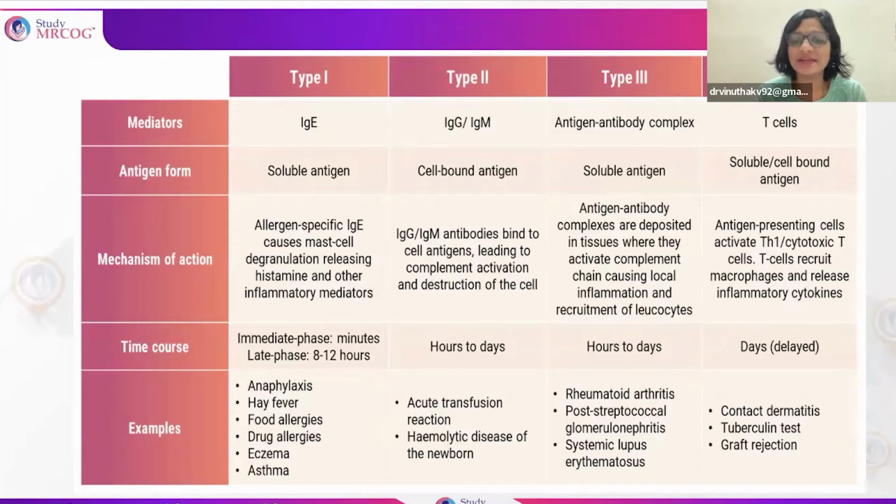These T cells recruit macrophages and release inflammatory cytokines. This typically takes days for the reaction to take place, and it is also known as delayed hypersensitivity reaction. The examples for this are contact dermatitis, tuberculosis, and graft rejection.